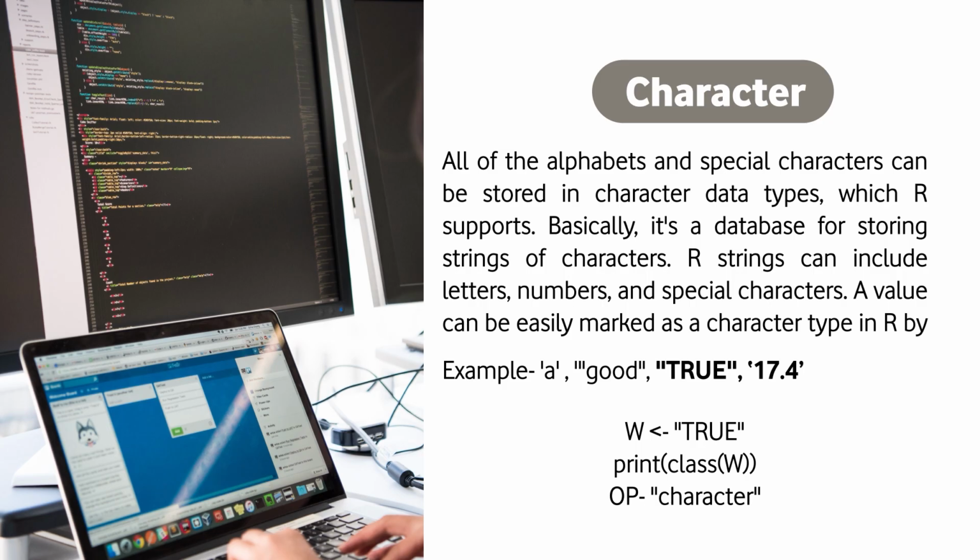You can use it as shown in the example: 'A' is in single quotes, "good" is in double quotes, "TRUE" is in double quotes, and '17.4' is in single quotes. Both notations are fine. Keep in mind that whenever you put numbers like 17 in quotes in code, it will be character, not numeric.